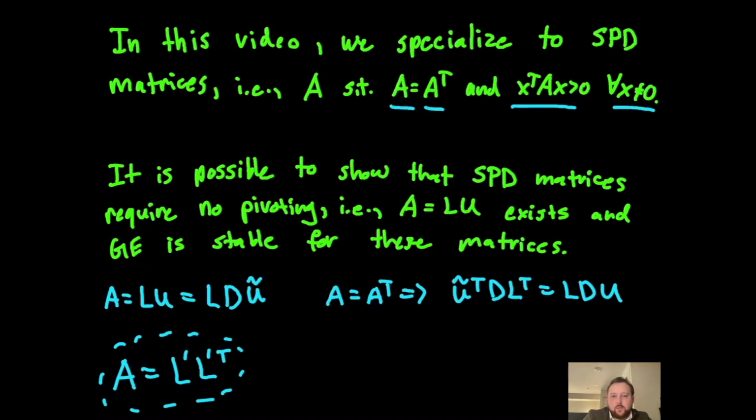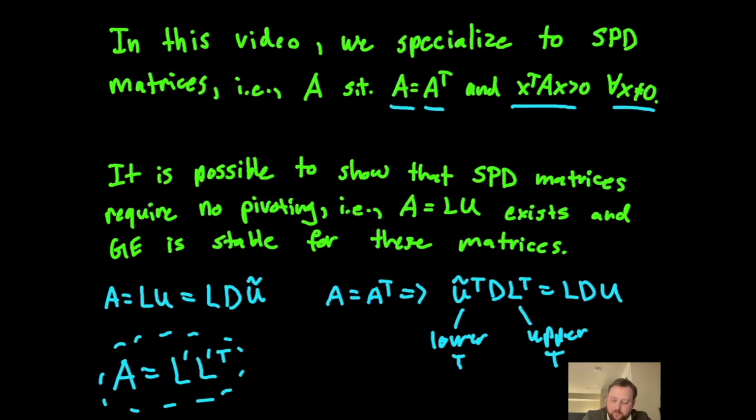One thing we know is that the LU factors and the LDU factors wind up being unique for our purposes. The other thing we can note is that the transpose of an upper triangular matrix is a lower triangular matrix, and the transpose of a lower triangular matrix is upper triangular.